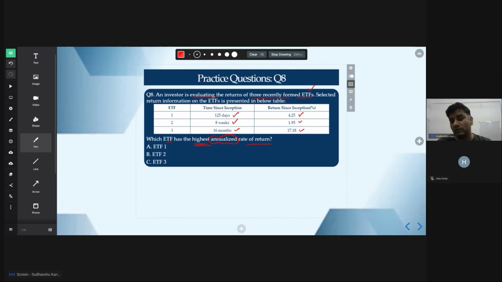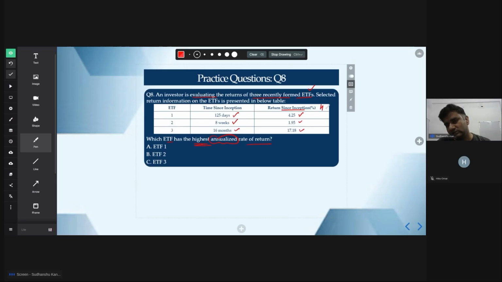So that is the point, that communication is very important, and to do that, it is very important to understand what the formula is. And this is what I told you in the previous slide, that you have to do 365 by days, because this is the return since inception. Now, this return since inception is holding period return.